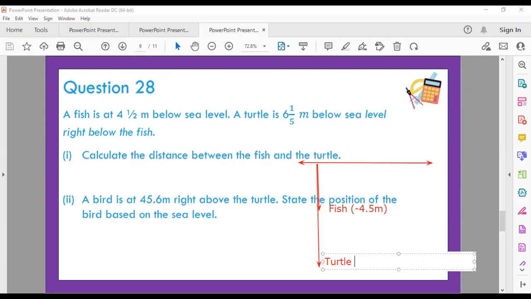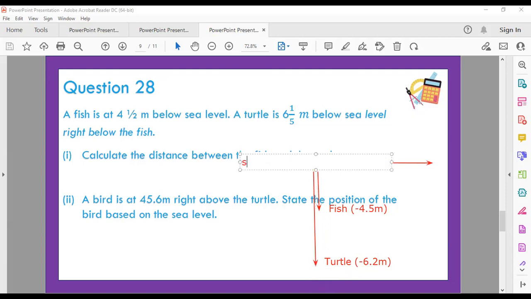But the turtle is also negative 6.2. Okay, remember it's below sea level. So it's not below the fish, it's below the sea level. This is the sea level. Can you see the sea level? All right. So the fish is here, the turtle is here.